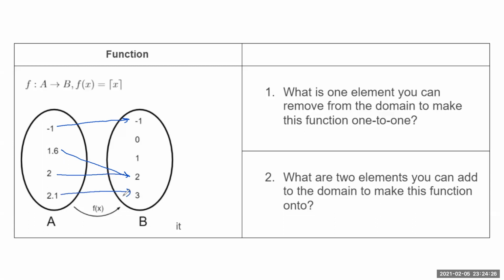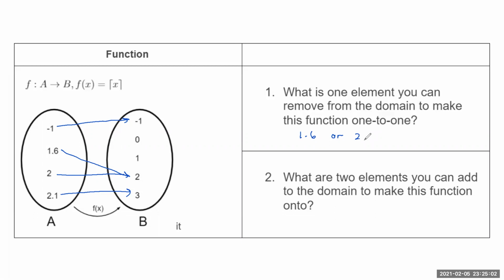Well, we see that 2.1 maps to 3 and -1 maps to -1, and they're the only elements that map to each of those values in the codomain, but we see that 1.6 and 2, as mentioned before, both map to 2. So the element we would want to remove from the domain would be either 1.6 or 2. And that would make sure that only one value of the domain maps to 2, which would make it one-to-one.